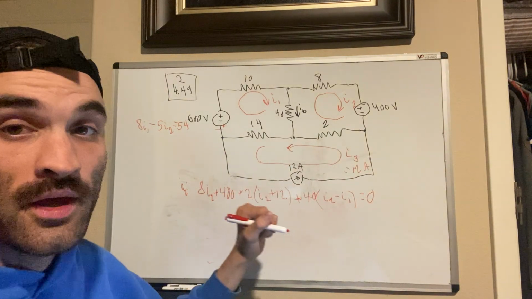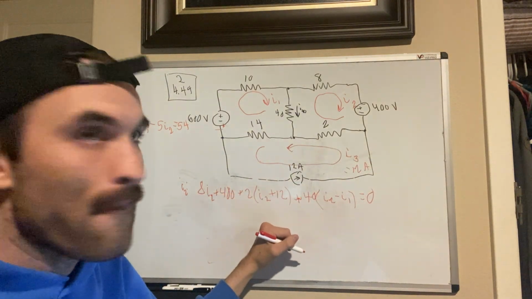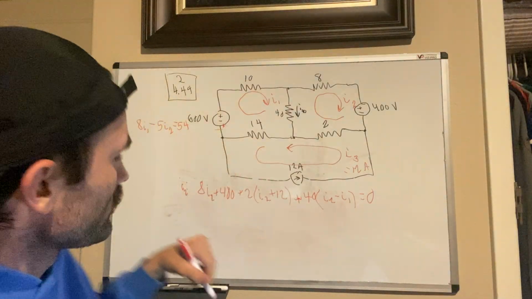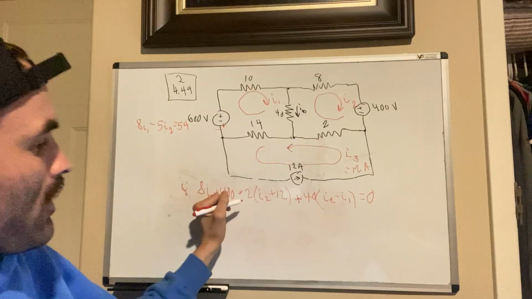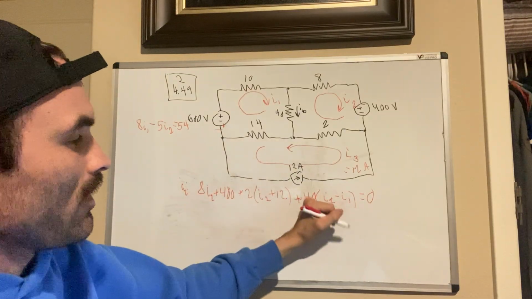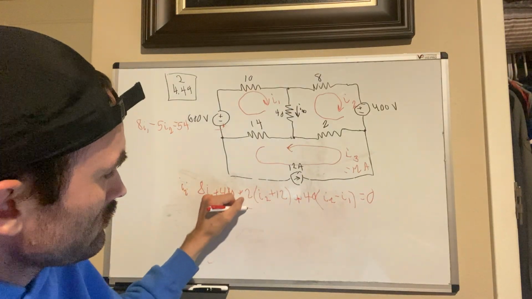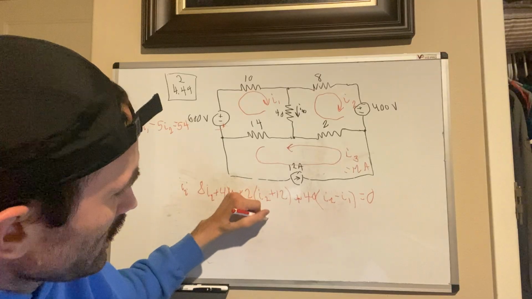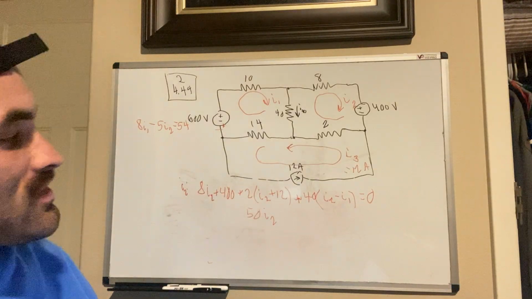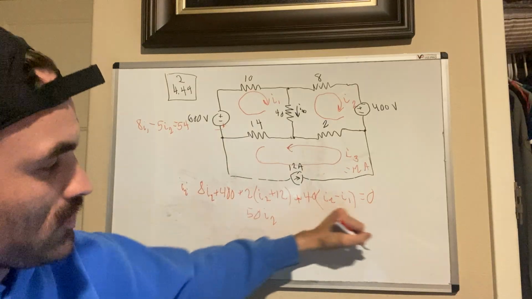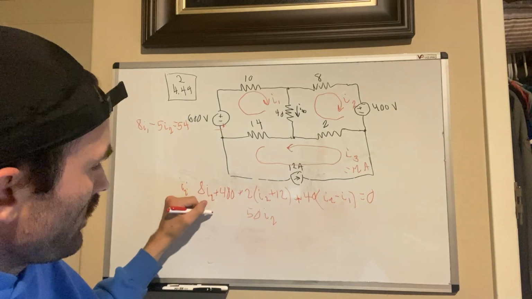Beautiful. So let's do the same thing as we did on the first mesh. Gather all our terms. So we have 8I2 here, and another 2 is 10, and another 40 is 50I2. And then let's gather our I1s. Well, there's only one. 40 times negative I1 is negative 40I1.